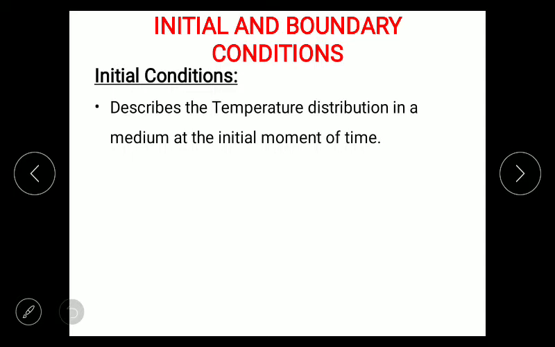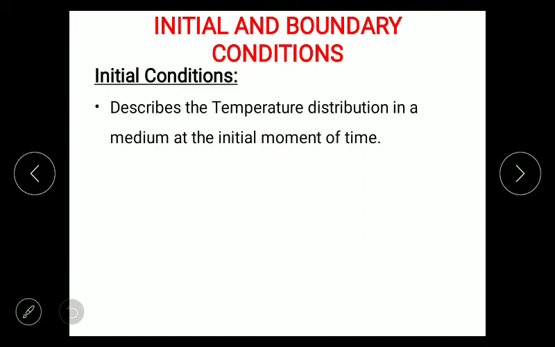The initial conditions give us the temperature details in a body at the beginning of the time, which means at a time t equal to 0, what is the temperature T of the body, or at a time t equal to 0, what is the heat Q that is given to the body. They are known as the initial conditions of the body.